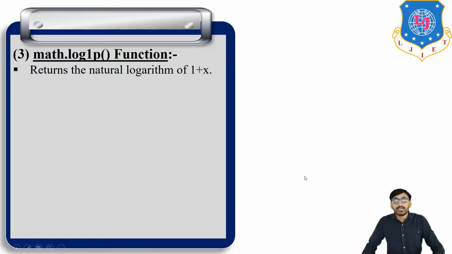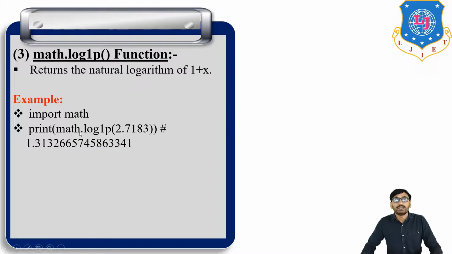Okay. Then the next one, the log1p function. It returns the natural logarithm of 1 plus x. For example, import math, then print math.log1p(2.7183), then we get the answer 1.3132 something.